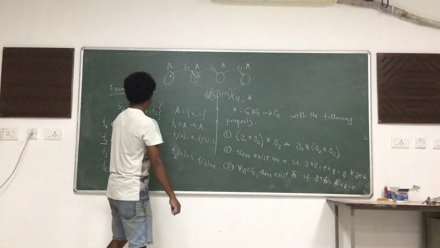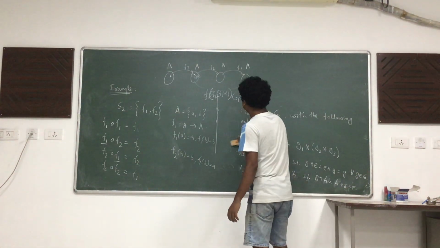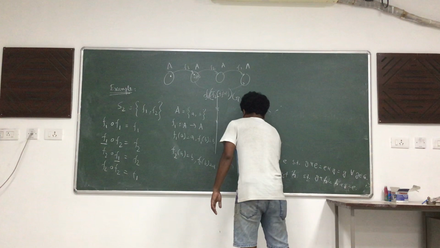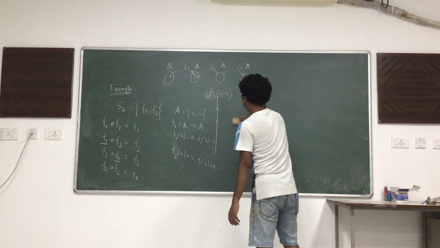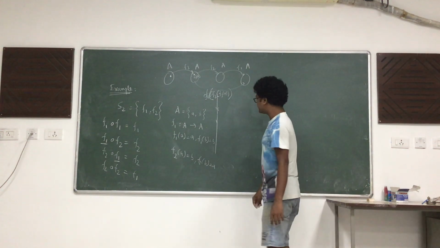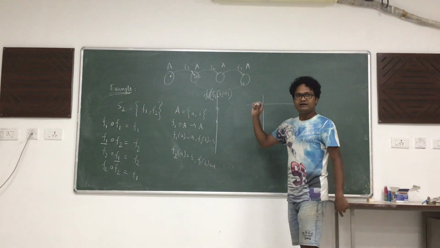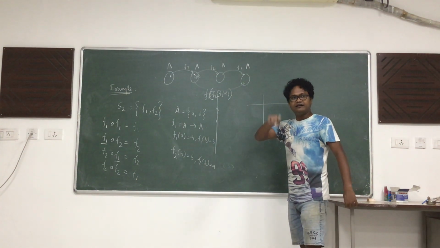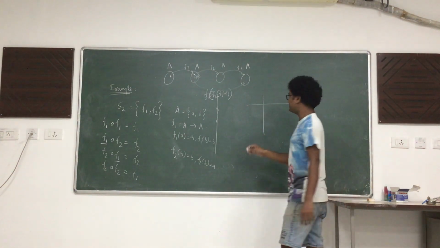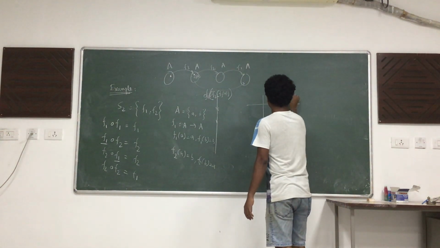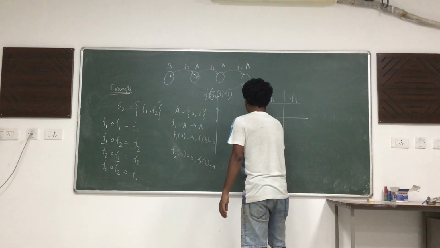In general, in a discrete group, for any two elements I have to have a third element under the binary operation. So we can write that in terms of a table. Let's put F1, F2 here and F1, F2 here.